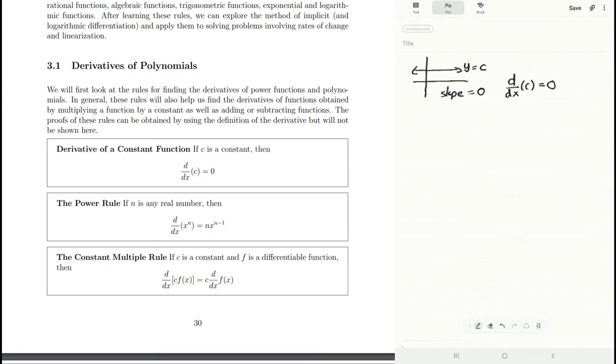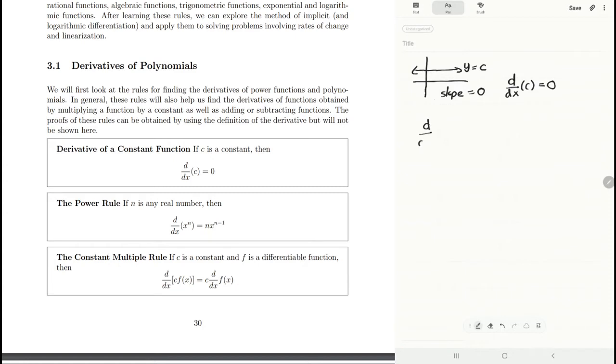The next rule gives us the differentiation rule for power functions. So this is called the power rule. If n is any real number, then the derivative of x to the power of n is n times x to the power of n minus 1.